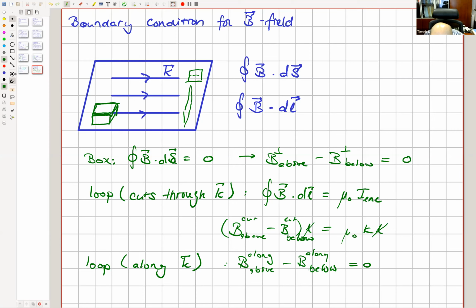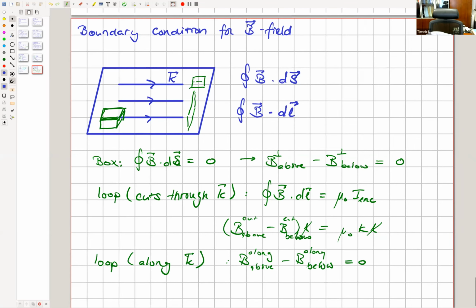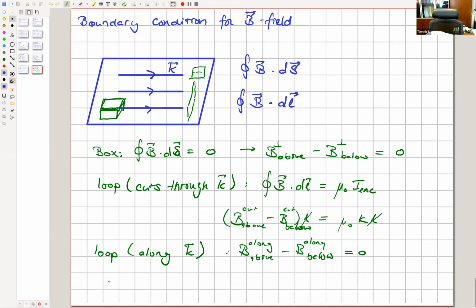And ultimately, and this is something that you can check for yourself, I'll make this a bit smaller so I can get the full screen in. So here, indeed, B above minus B below equals mu naught K cross n hat, right?